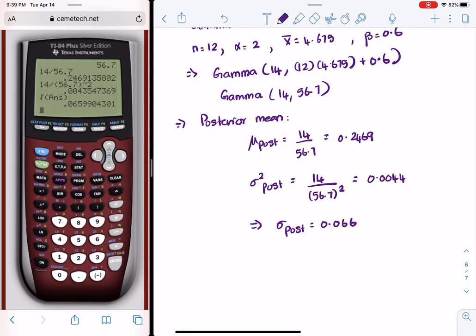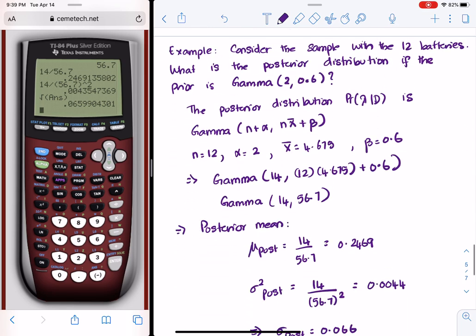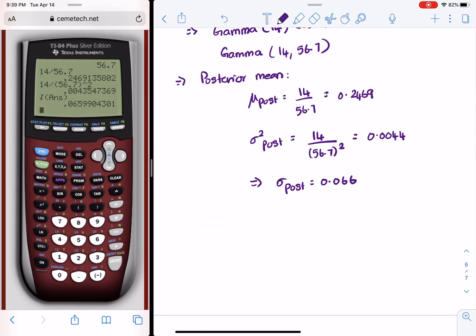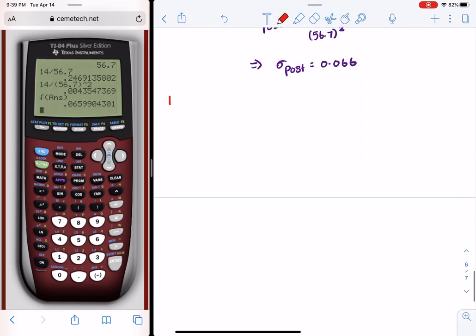Now let us go back to the original problem where we simply had the likelihood estimator. So we have the posterior mean and posterior standard deviation. And I'm going to extend the example by asking this question.